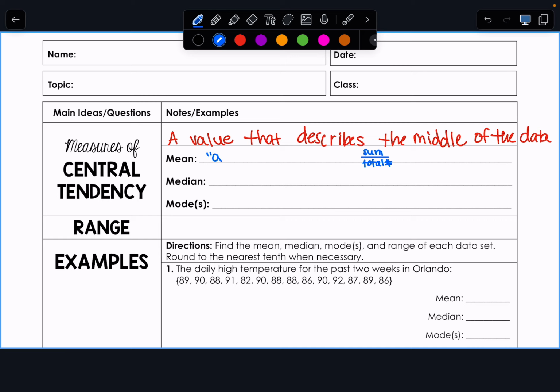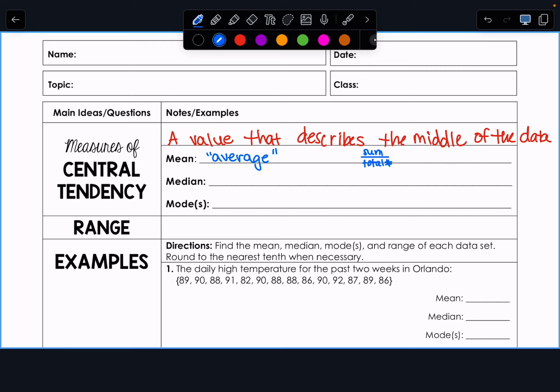This is what you usually call the average. Technically, all of these are averages, but the mean is what you consider to be the average.